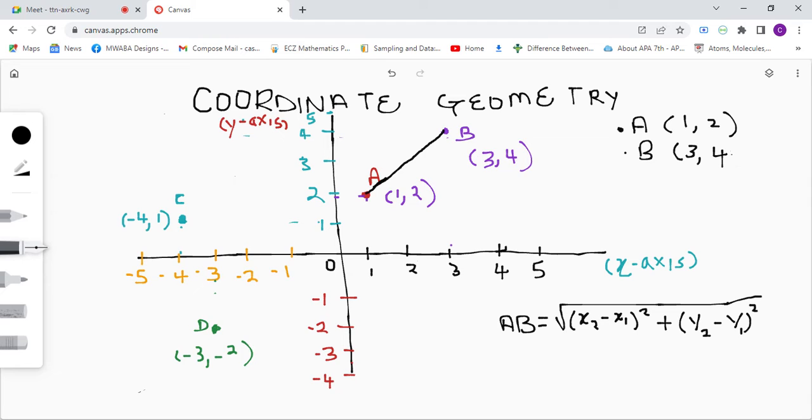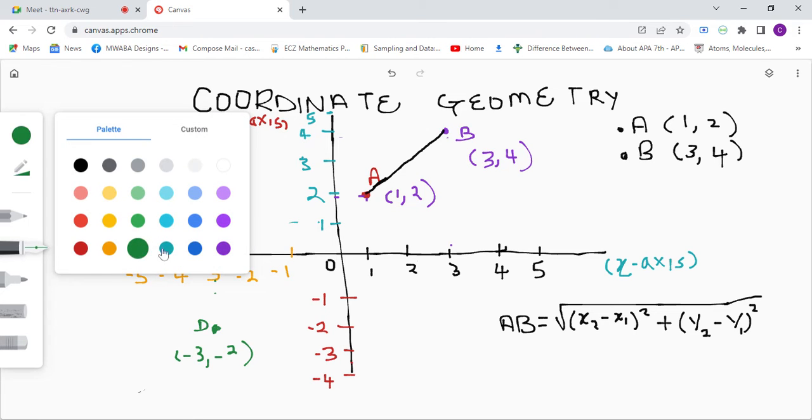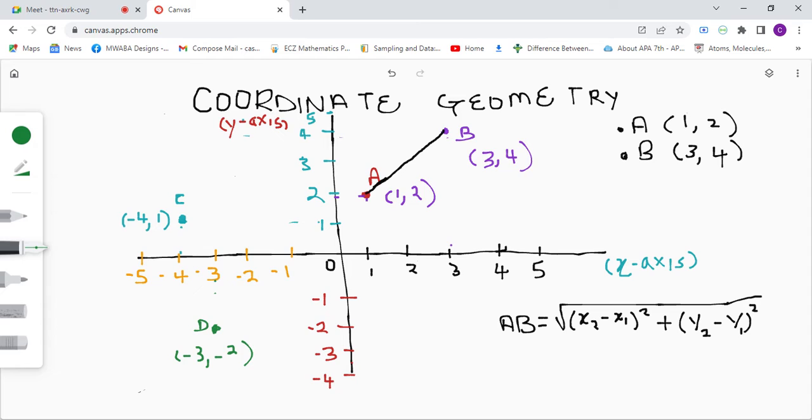So it's up to you to choose which one's going to be your x1 and your x2, your y1 and your y2. It doesn't matter which, you can choose any. So in this example, let's say our x1 is this 1 here, and our y1 is this 2 here.